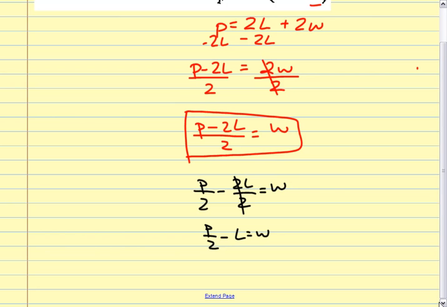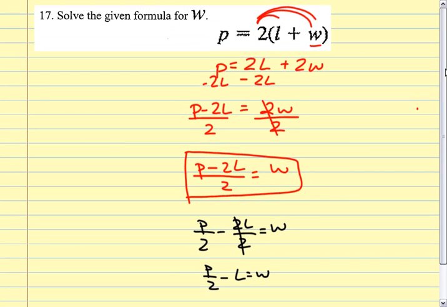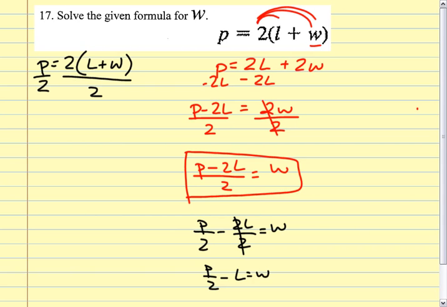Yeah, James. Couldn't you just divide by 2 in the beginning, and then get P over 2 minus L? You could. Here's what James is saying. Can't I just divide both sides by 2? We started with P is equal to 2 times L plus W. And James is saying, why can't I just do this and get P over 2 is equal to L plus W, and then just subtract L on both sides and get P over 2 minus L is equal to W?